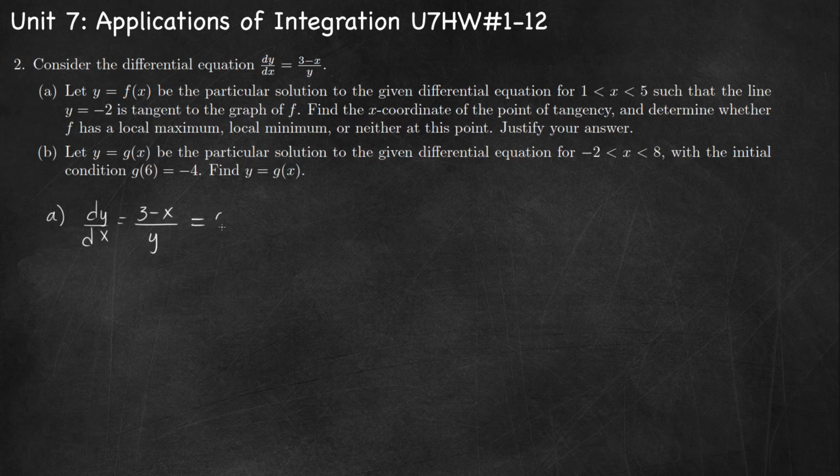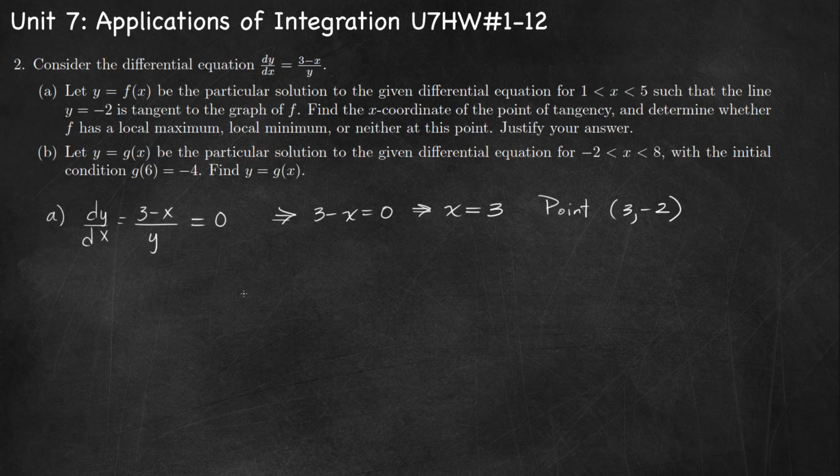And we know that's equal to 0, and that is only going to be equal to 0 when the numerator is 0. So from there, we can conclude that 3 minus x is 0, which means that x is equal to 3. So our point of tangency is 3 comma -2.